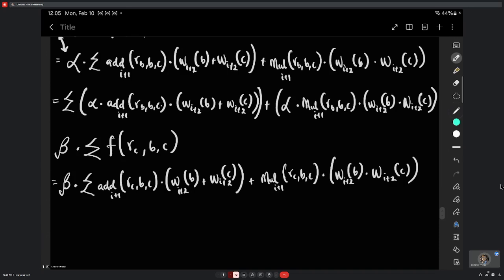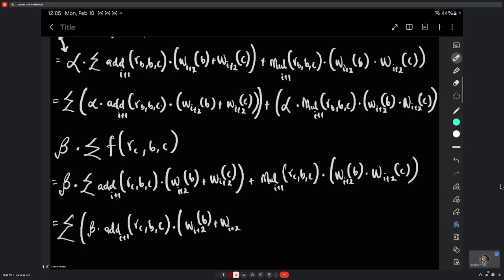That equates to the summation of beta times add I plus 1 into (rc, bc) times [W(I plus 2) of b plus W(I plus 2) of c]. Is everybody following?